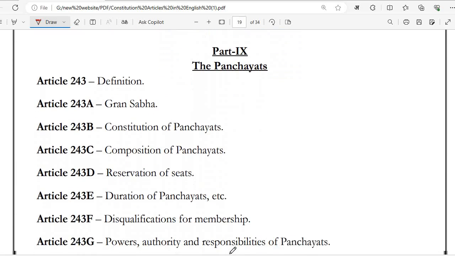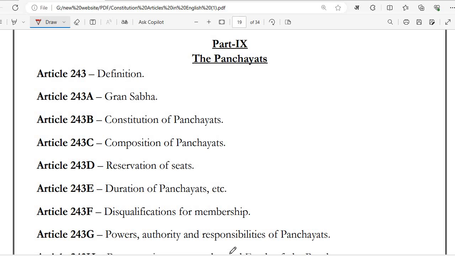Part 9, the Panchayats. Article 243, definition of the Panchayat. The term Panchayat includes the Gram Panchayat at the lowest level. Above the Gram Panchayat, at the intermediate level, is the Panchayat Samiti, and above the Panchayat Samiti is the Zila Parishad.